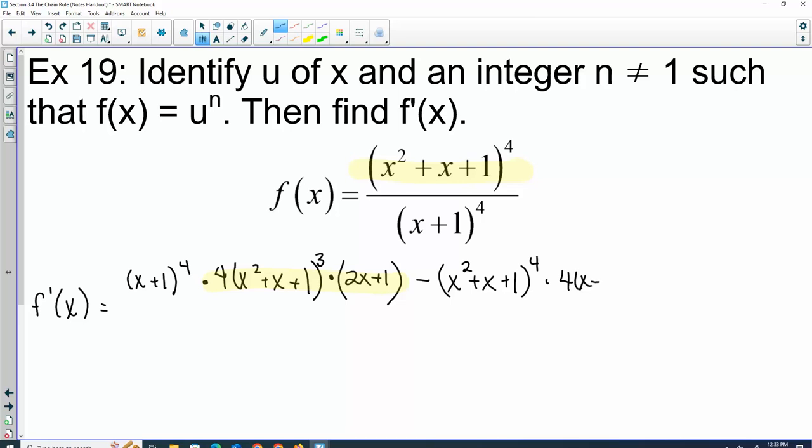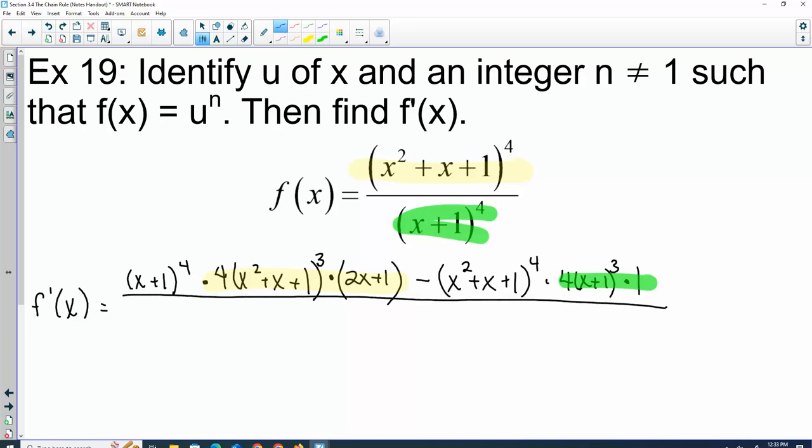Inside stays the same. Subtract 1, goes to the third, times derivative of the inside, 1. So this whole piece represents the derivative of the bottom.